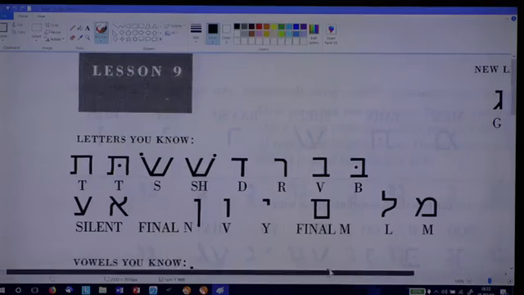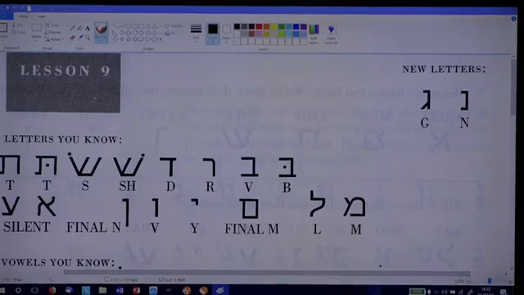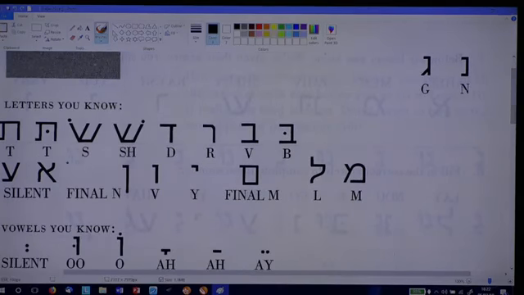And we're going to look at the top of the page. It gives us a monstrous list of letters you already know, and vowels you already know. But it's adding 2 more consonants.